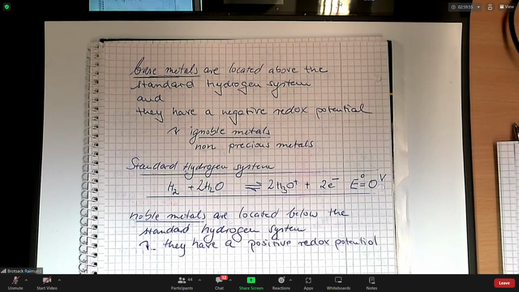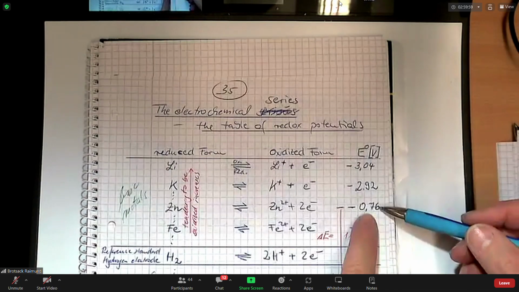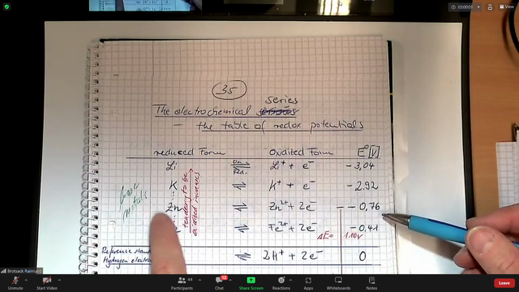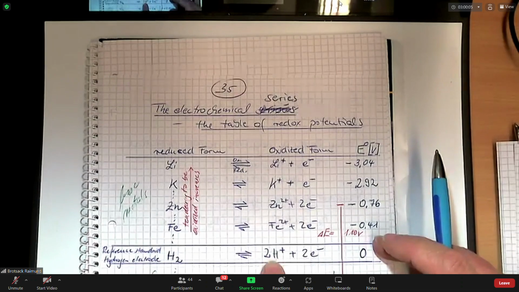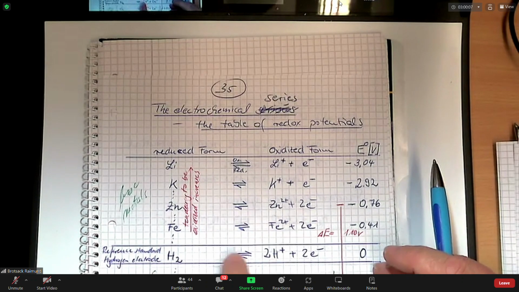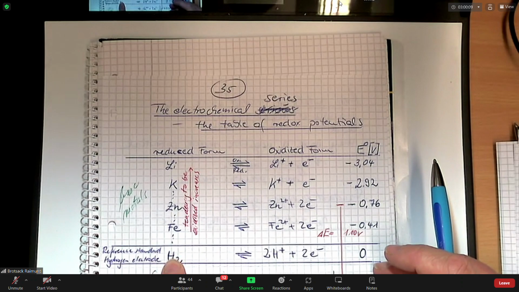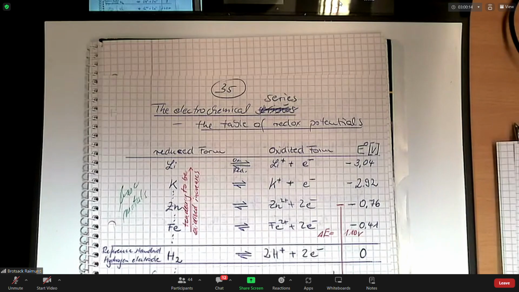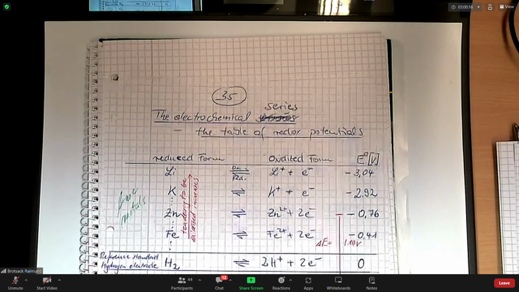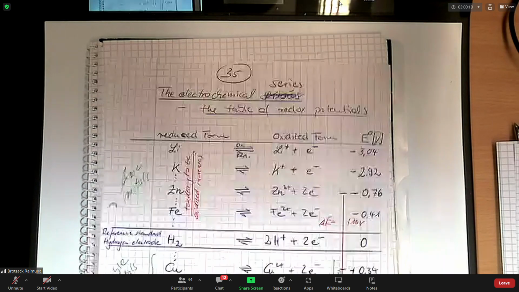It has a negative standard potential. It's above the hydrogen system. So zinc will be oxidized, and the acid, so a lot of protons, will be reduced to form hydrogen gas. And we will have an example in the lab next semester where we use not zinc, but aluminium.